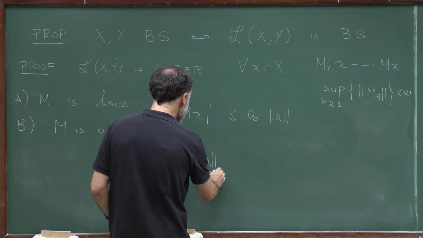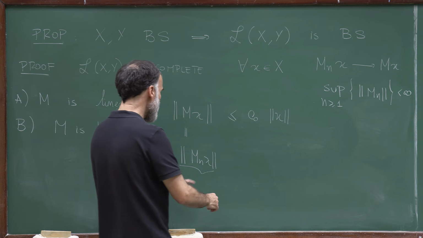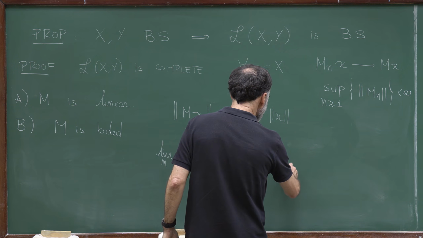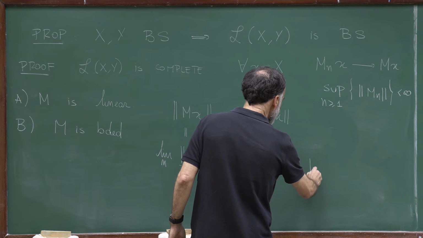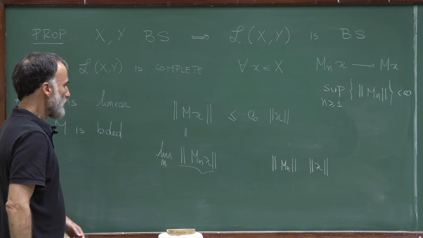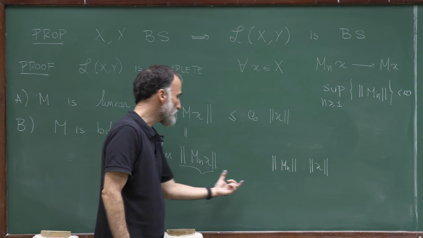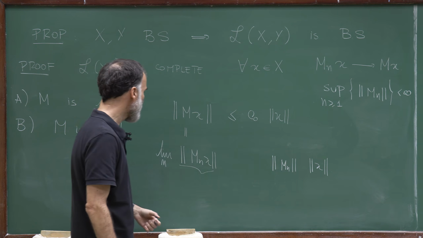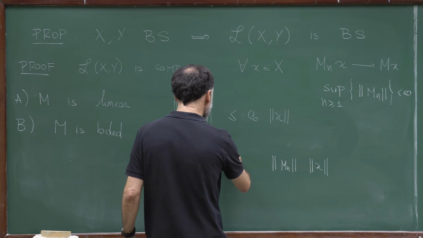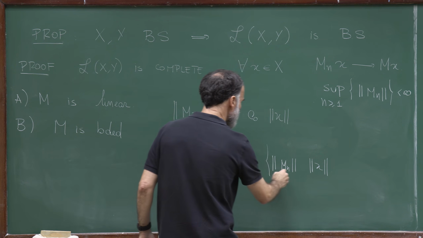On the other hand, since Mn is a bounded operator, we have seen that the norm of Mnx is bounded by the norm of Mn times the norm of x. So for any n, this norm is bounded by this product, and therefore this limit is bounded by the limit inf of this sequence.